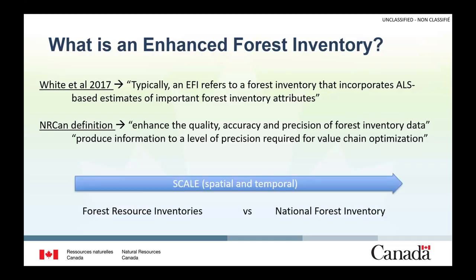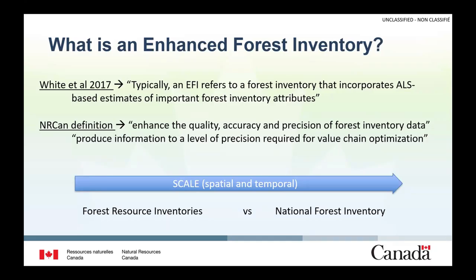In Canada, it's also important to distinguish between our national forest inventory and jurisdictional forest resource inventories that differ both in scale and application. Our national forest inventory favors statistical rigor and allows for national and international reporting and policy making. It's a sample-based assessment at a coarse national scale.